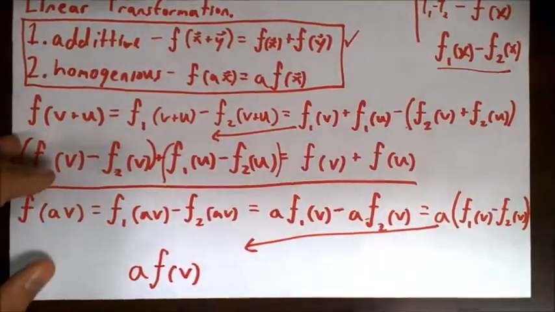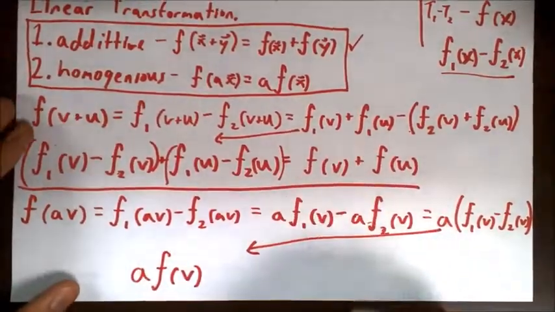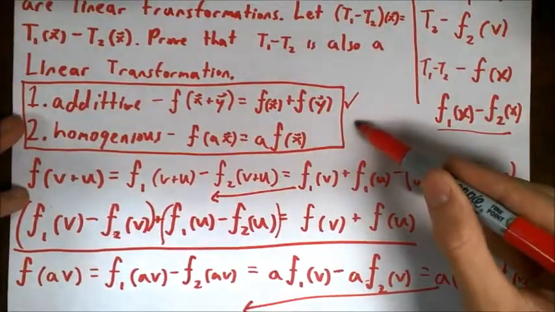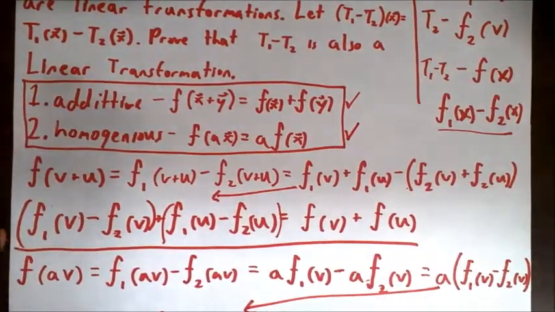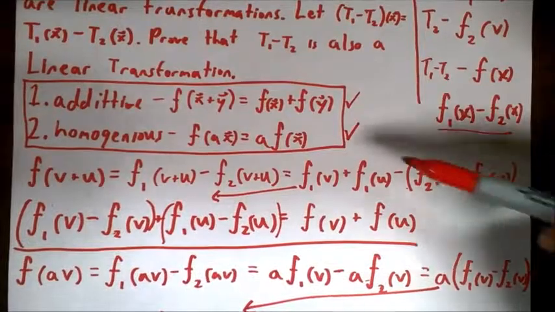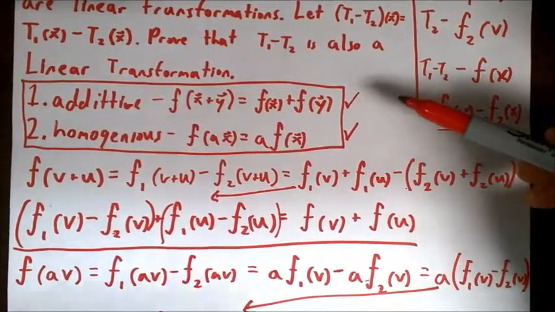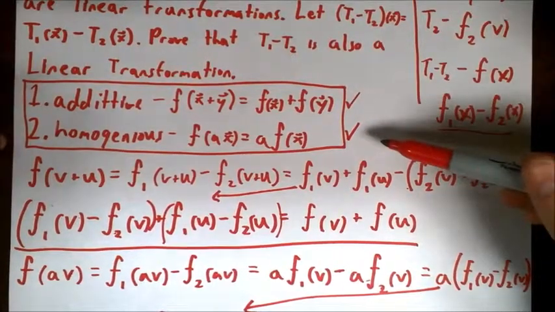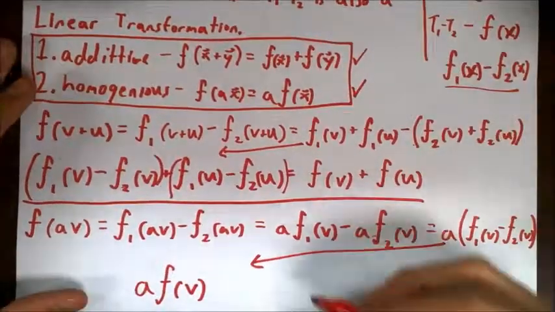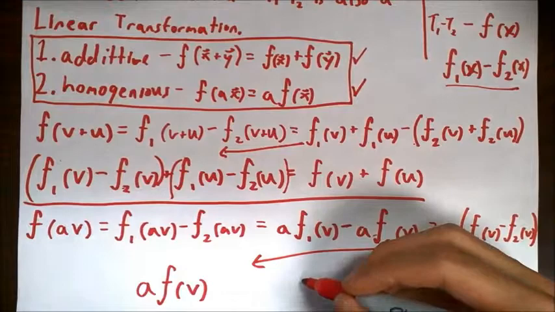And since the function of av equals a times the function of v, it also qualifies as being homogeneous. Since this new transformation T1 minus T2 is both additive and homogeneous, the transformation is linear.